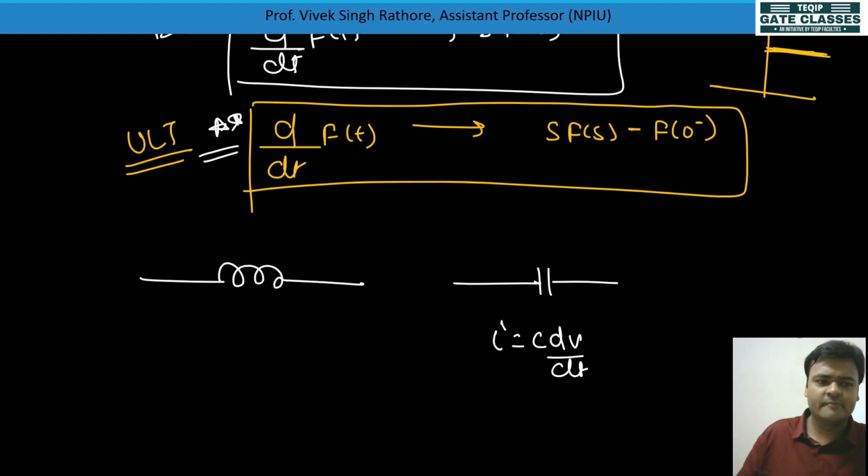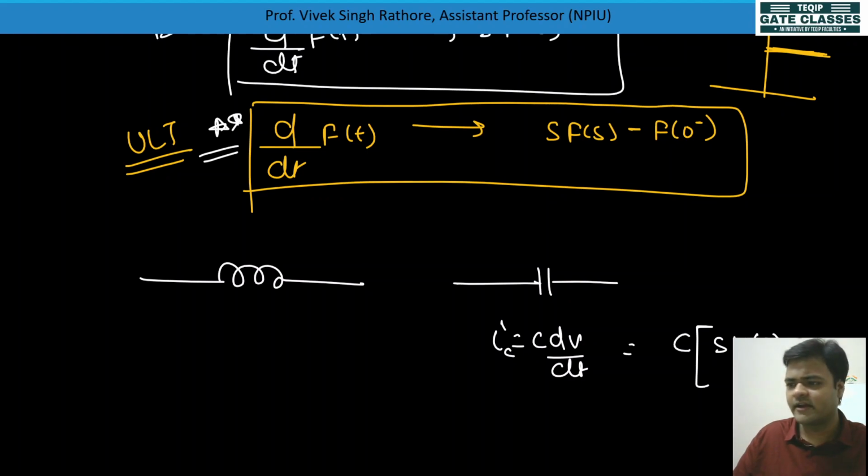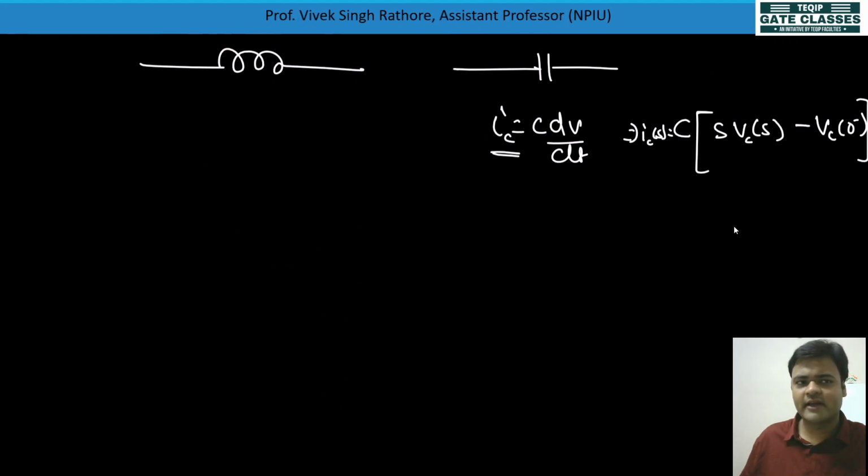This is the capacitor current. dv by dt can be written in Laplace as s into V of s minus the initial value, VC of 0 minus, where VC is the capacitor voltage. So the capacitor current in the S domain can be written like this.